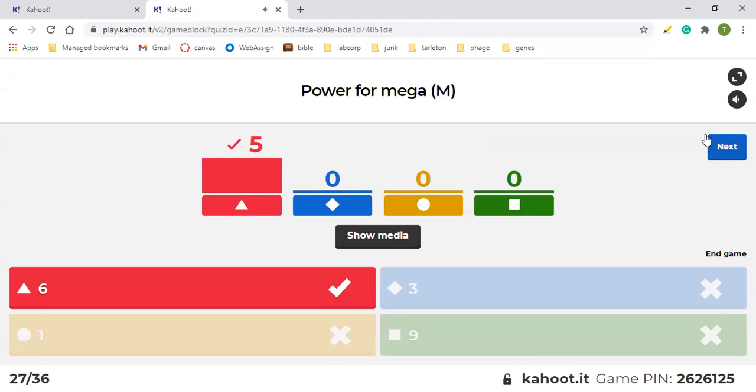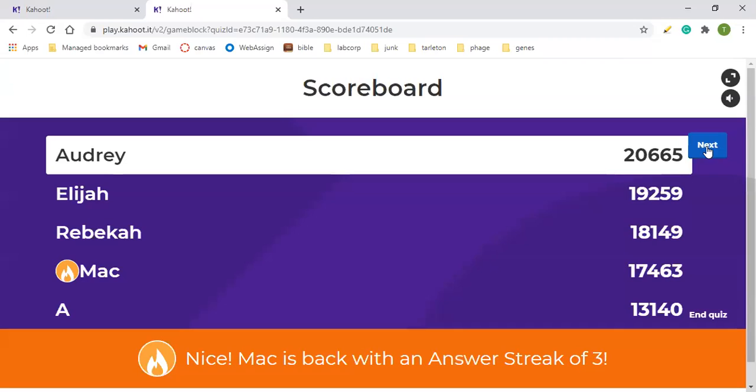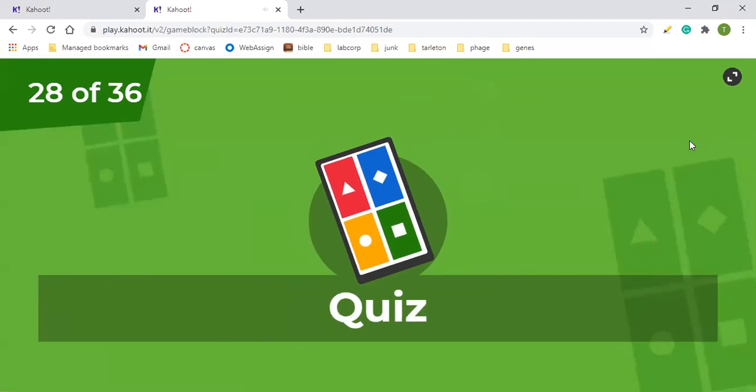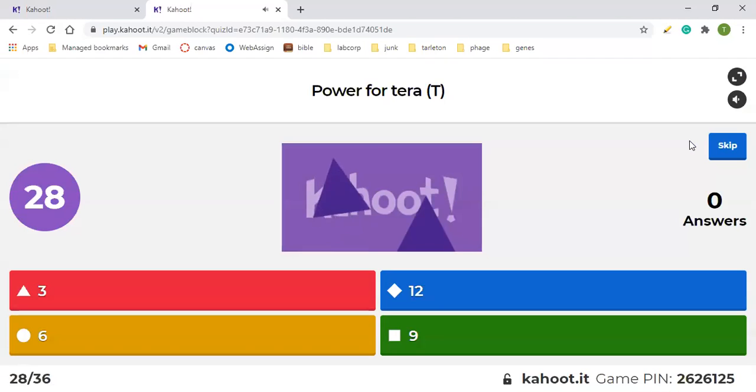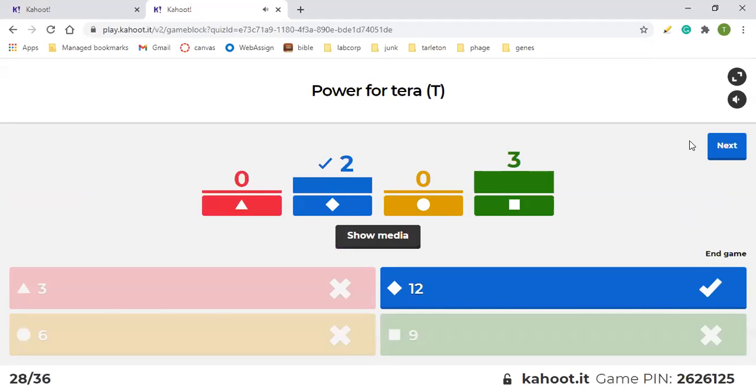And we've got mega, which is 1 times 10 to the 6th power. Tera is 10 to the 12th.